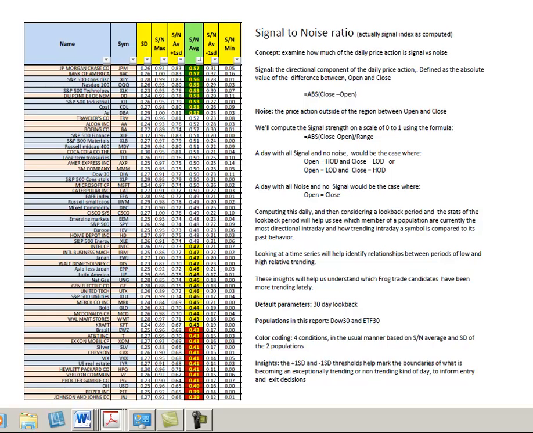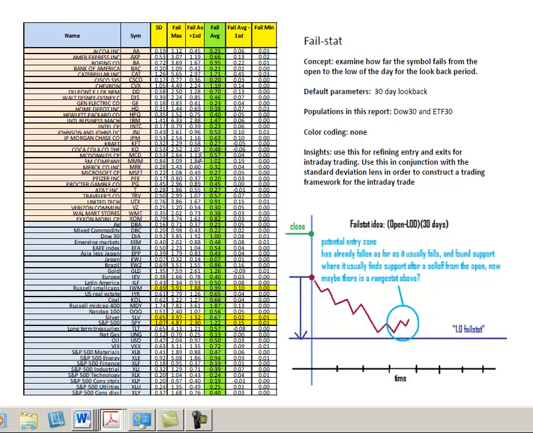Signal to noise ratio, seeing some more directionality here with it approaching 0.56. So that's an indication we're having more directionality intraday. The fail stat, again, just for reference, we're examining how far on average it moves from the opening of the day to the low of the day to get an estimate of how to interpret potential turning points during the day.